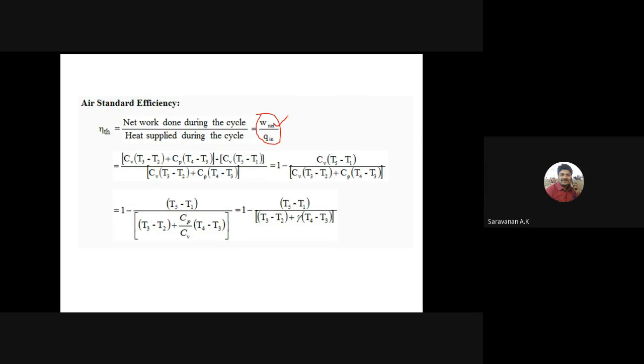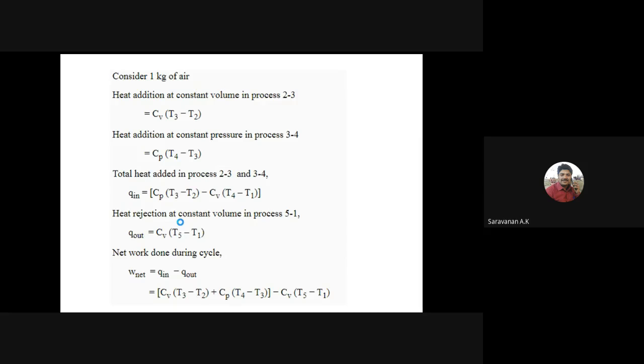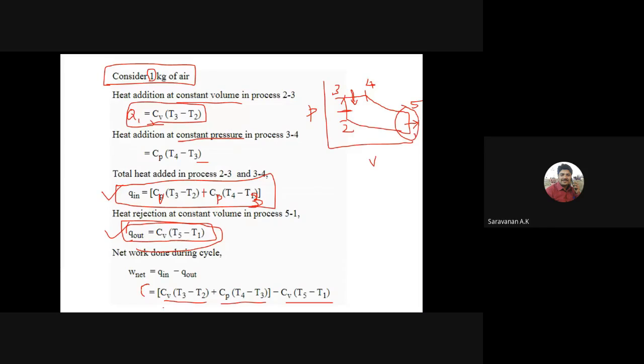So here this term we can take as the work done, and this is the heat supplied. So we can divide these terms and simplify this.